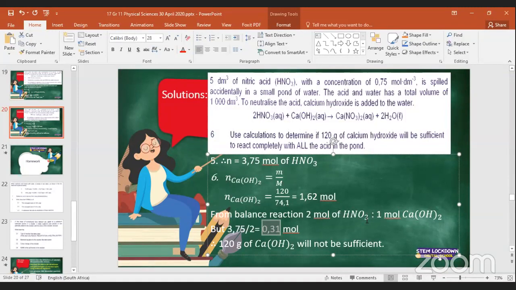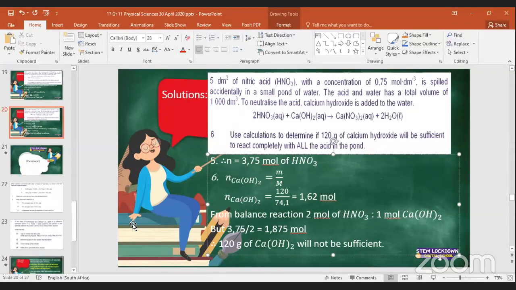So you divide 3,75 by 2, which is 1,875 mole of the base that will be required. So this will not be sufficient. 120 gram of calcium hydroxide will not be sufficient to neutralize the acid, because you require 1,875 mole, but you have 1,62.